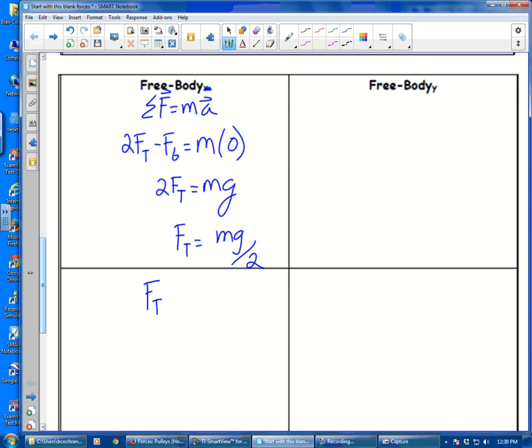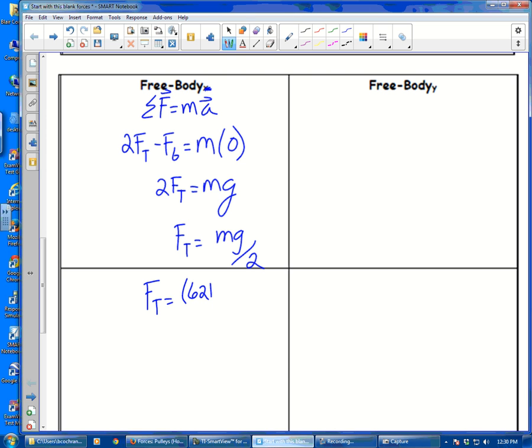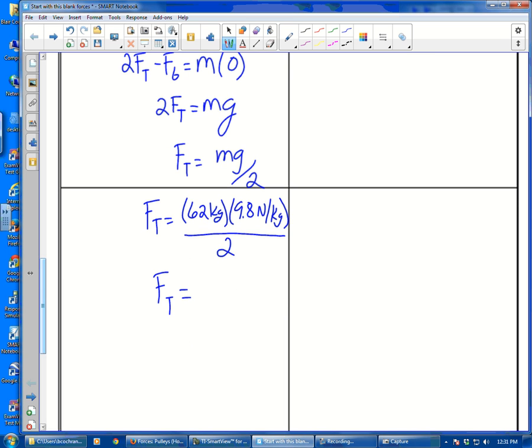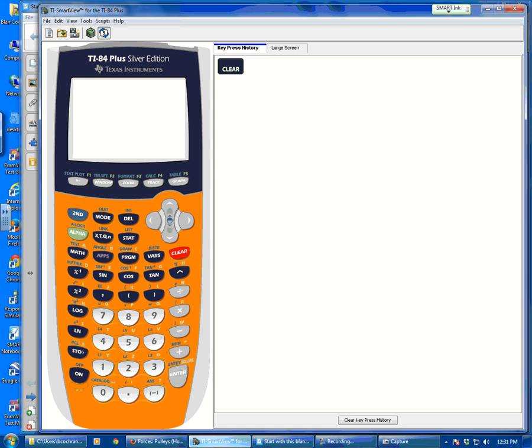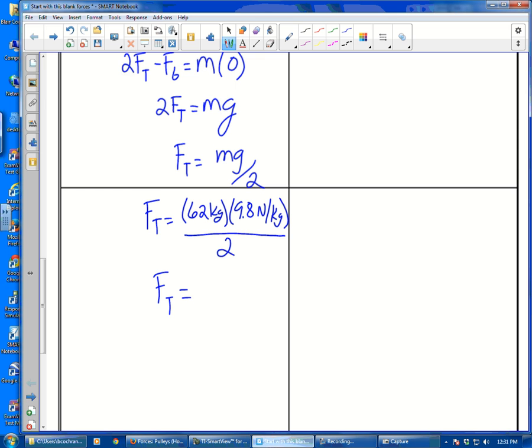Ft equals, what was that, 62? Yep. 62 kilograms times 9.8 newtons per kilogram all over 2. All right? And I get 303.8. I would report as 304.